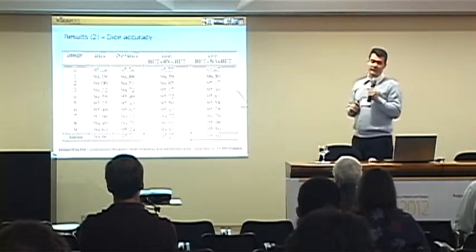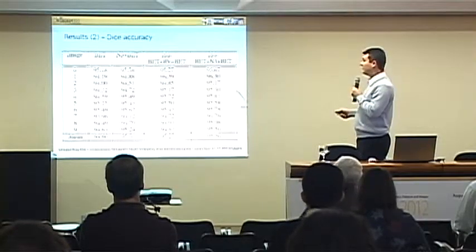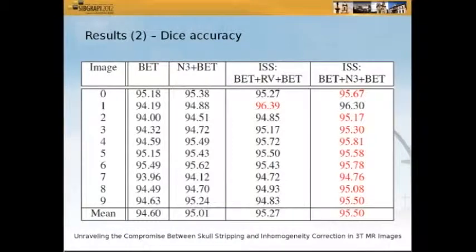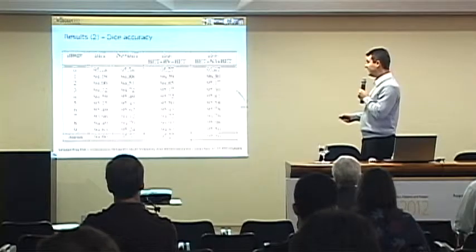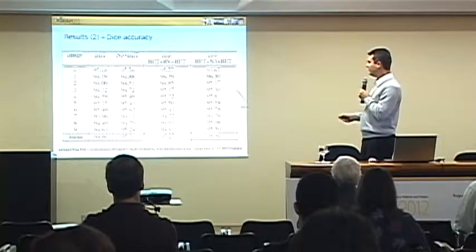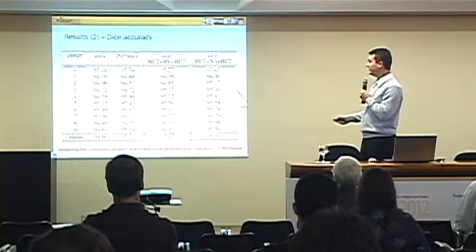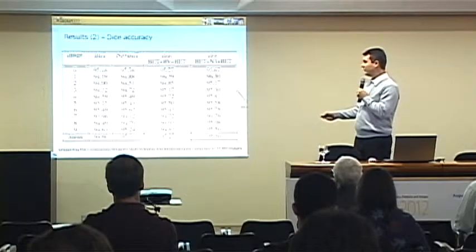For the evaluation of the paper, we made an accuracy evaluation, and I'll show here that iterative skull stripping with BET and the BET sequence had the better accuracy over almost all images except for the second one here, the image number 1.